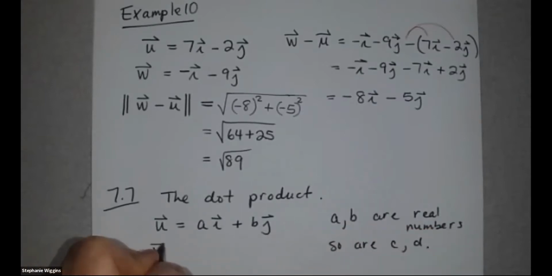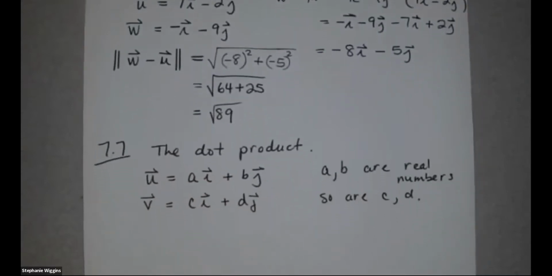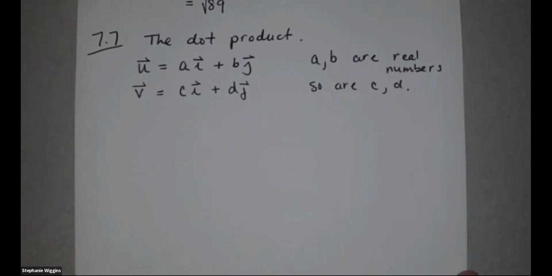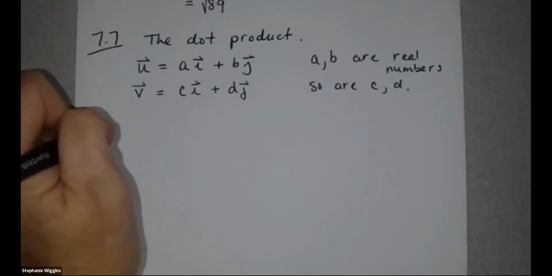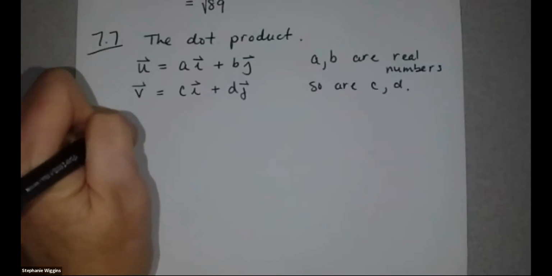And we'll say that v is ci plus dj. Okay. So we have these two vectors, and I'm just going to introduce this. I'm not going to finish 7.7 today, but the dot product, which is u dot v.